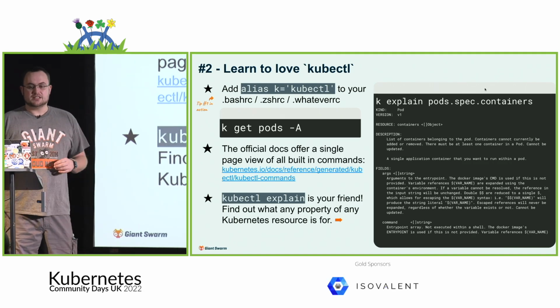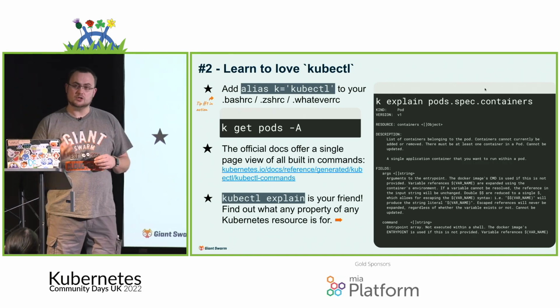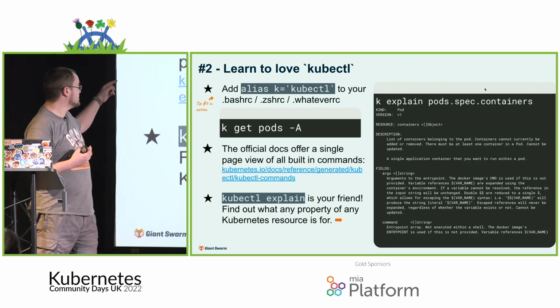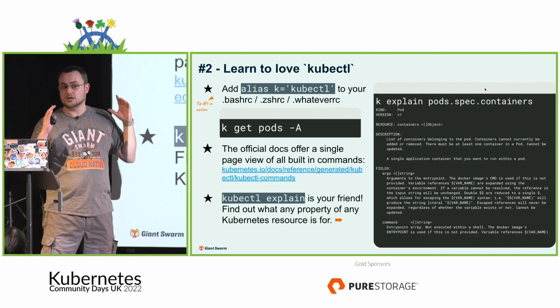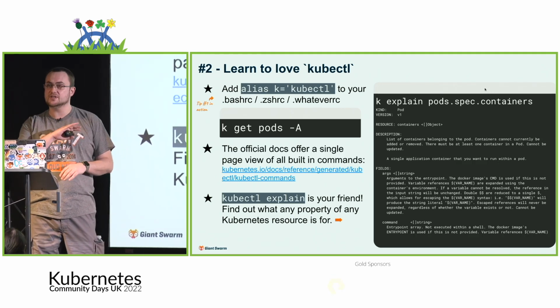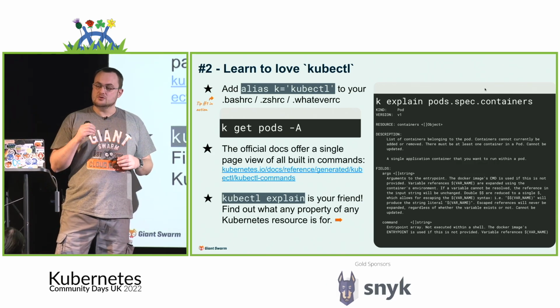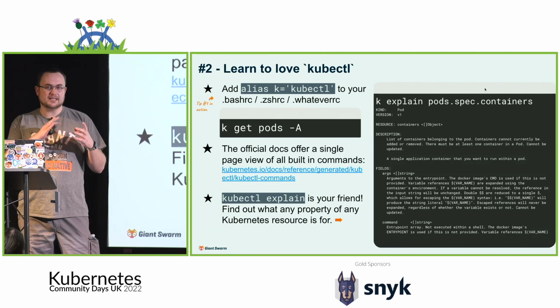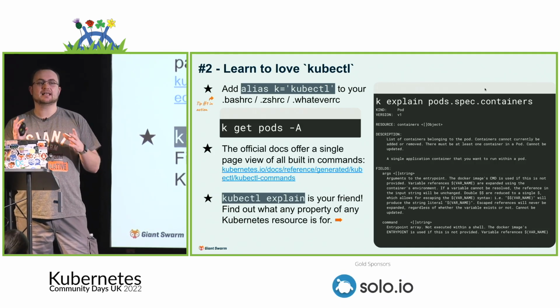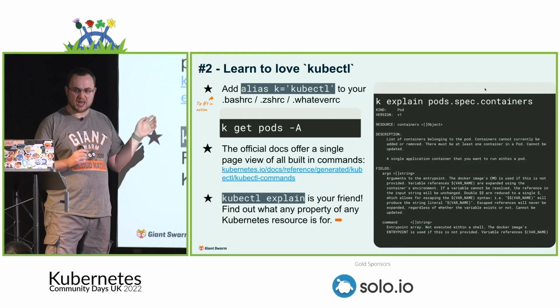The documentation for the kubectl command, there's a nice big one-page documentation that goes through all of the commands you can use, all the arguments. It's fantastic. If you know what you're trying to do with kubectl but not sure exactly how it works, there's also kubectl explain.